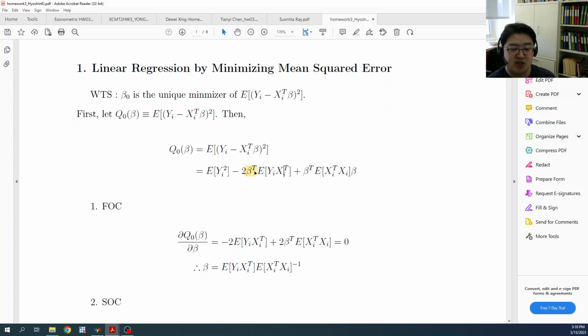But after transposition, this becomes 1 by k, and this expectation is also 1 by k, because y is 1 by 1 and x transpose is 1 by k, so the dimension does not match. Also here, the same problem happens. x prime is 1 by k, and x is k by 1.